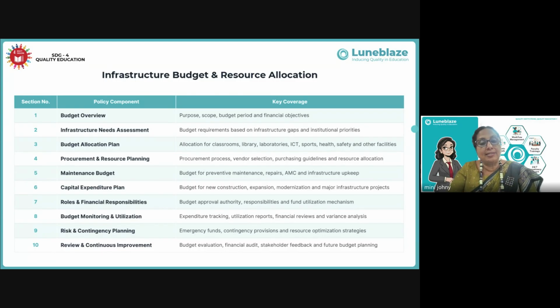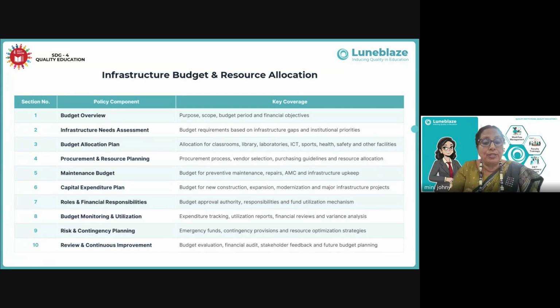Risk and contingency planning. So emergency funds, like our life, we will also have insurance. Same way we have maintenance. AMCs are there, emergency funds, contingency provisions, and resource optimization strategies.